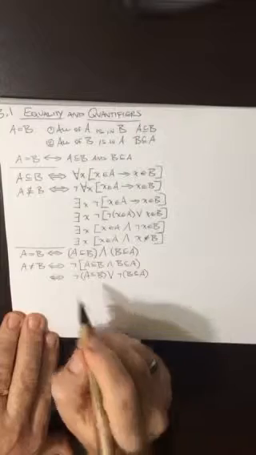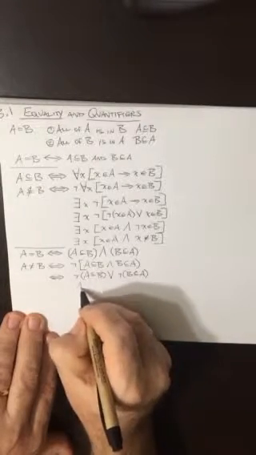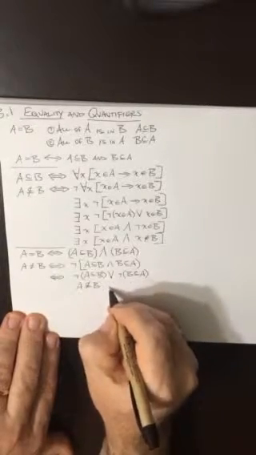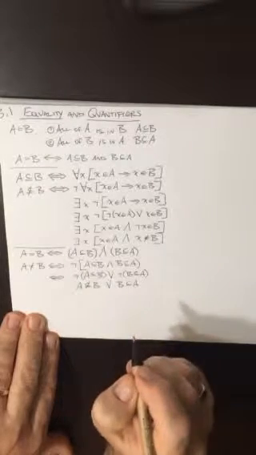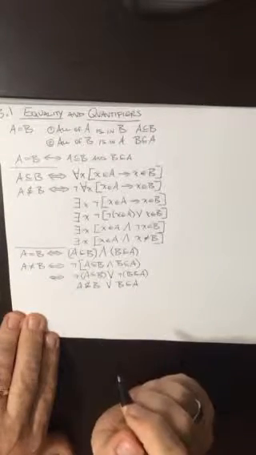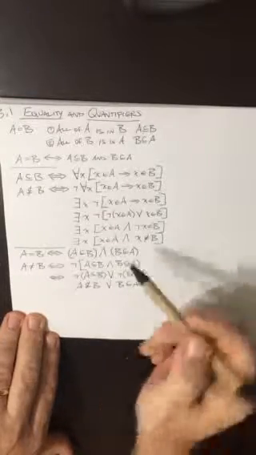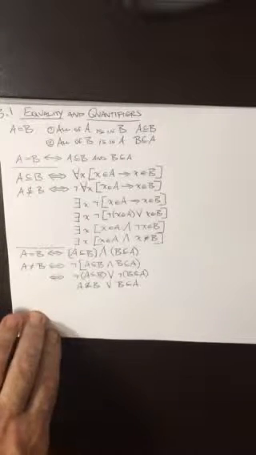If A is not equal to B, that's logically equivalent to saying that A is not a subset of B, or B is not a subset of A. And that's what it means for two sets to be equal, and there's a little bit of work with a quantifier. Okay, little review there.